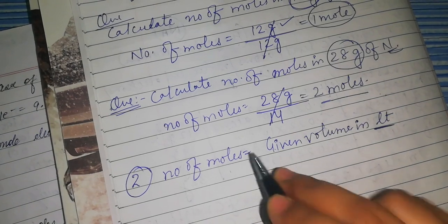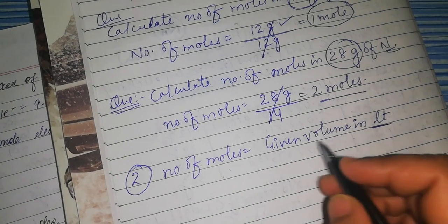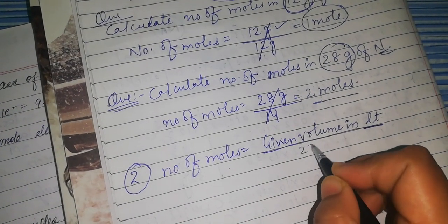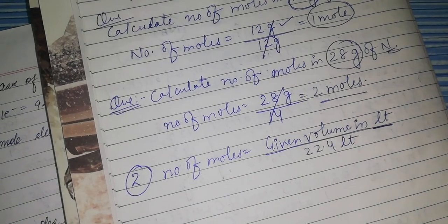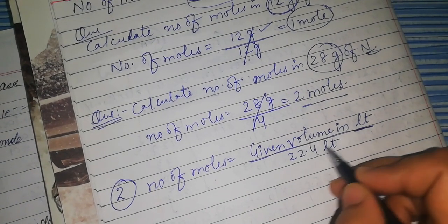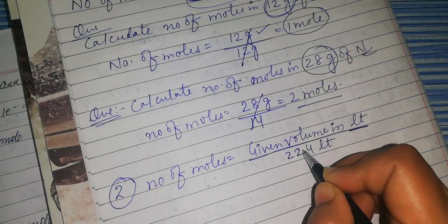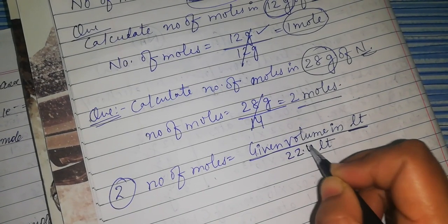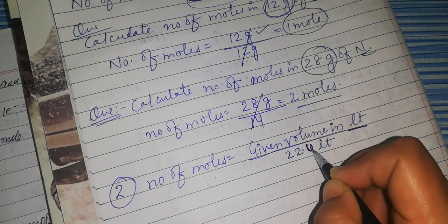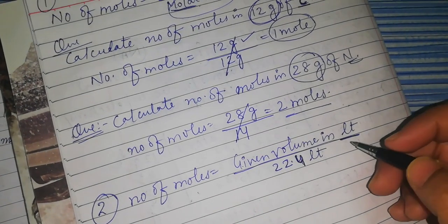So this is the standard formula: given volume in liter divided by 22.4 liter. You will understand later why I have written 22.4, after we study some laws, especially Avogadro's law.